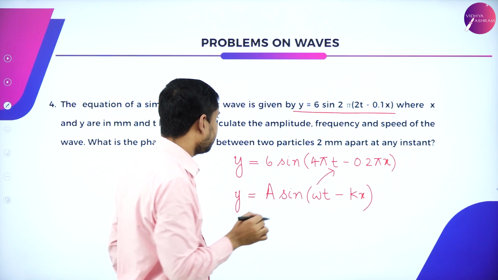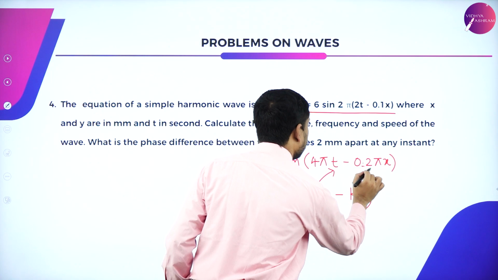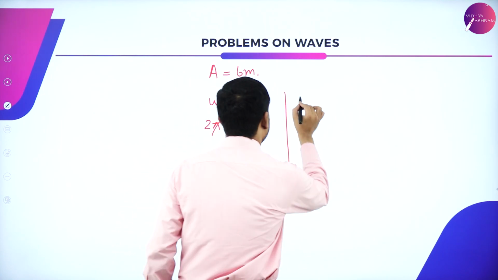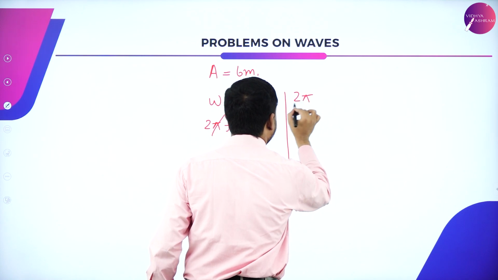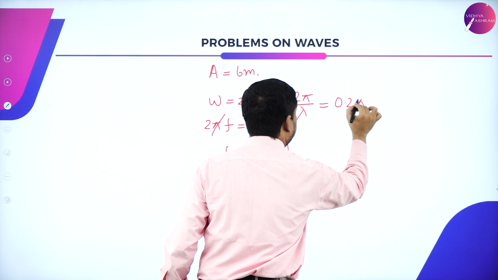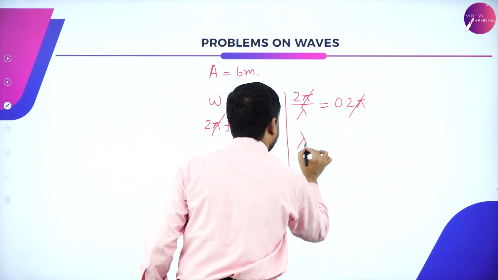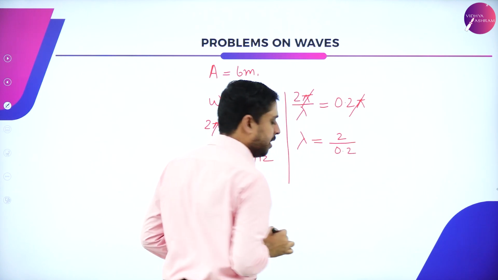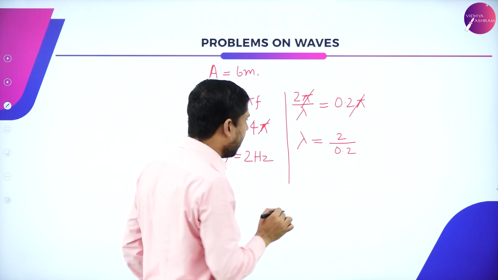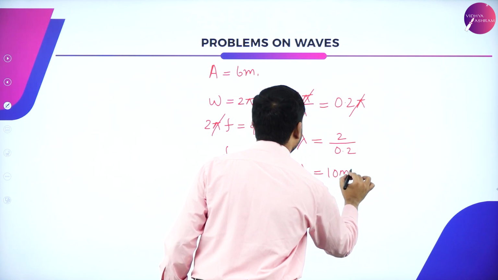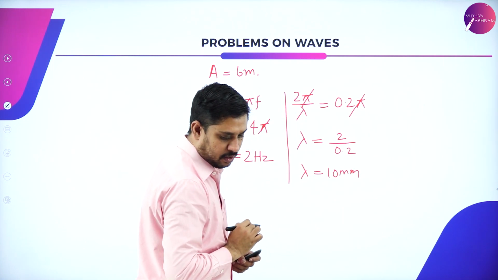Next, k is 0.2 pi. So 2 pi by lambda, 2 pi. So lambda is 2 divided by 2 pi. So we get lambda as 10 millimeters.